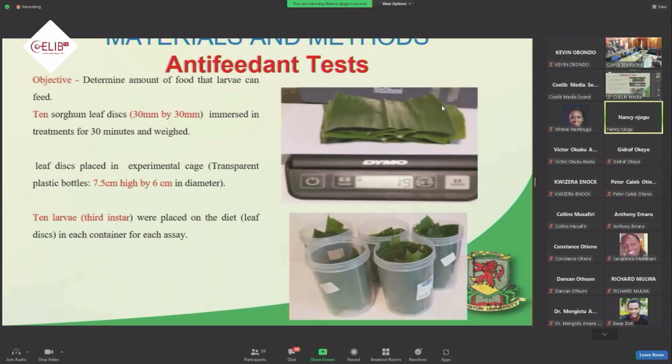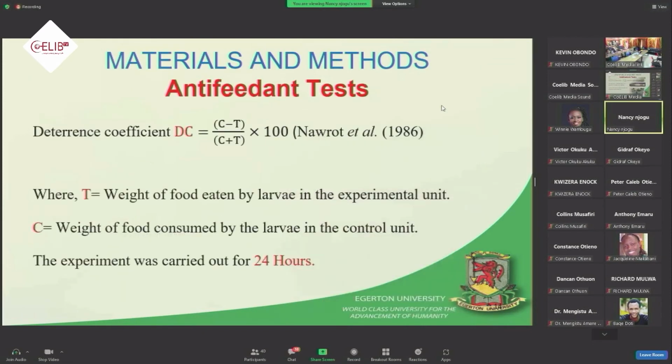So here, in this photo, I'm weighing the material before feeding the insect. And here below, I introduced the insect and the treated material, and I weighed again to see the amount of food which the insects had consumed. And that is the formula for the anti-feedant test, which was done after 24 hours.